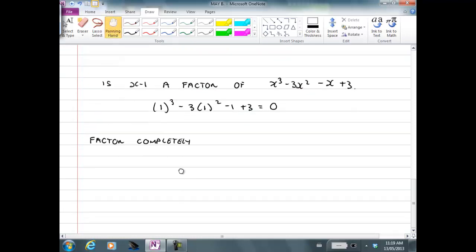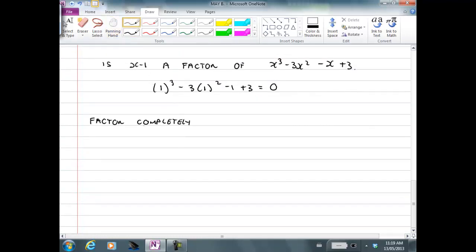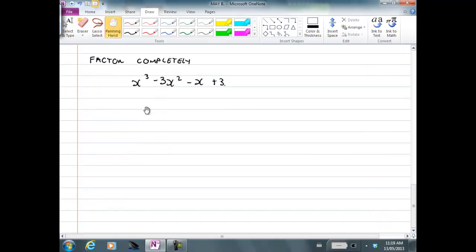You know how to factor x squares, but the question is, how do you factor x cubed minus 3x squared minus x plus 3? In grade 10, we taught you how to factor x squares. In grade 12, I'm going to show you how to factor x cubes. Here is the fun part. To factor x cubes, it's going to be a game. I'm going to write a few things down.